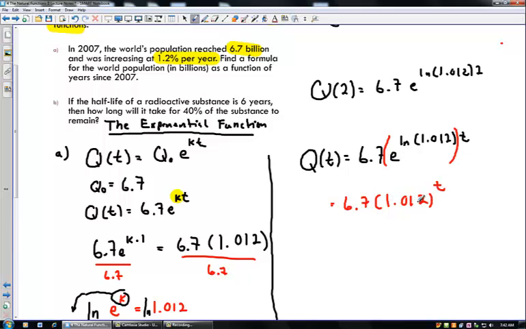And this 1.012 comes from e to the ln of the anything is the anything. And now this is actually a little bit easier to understand. I start at 6.7, and each year I'm going to multiply by this 1.012, where the 1 is the whole part, and the 0.012 is the 1.2% growth per year.